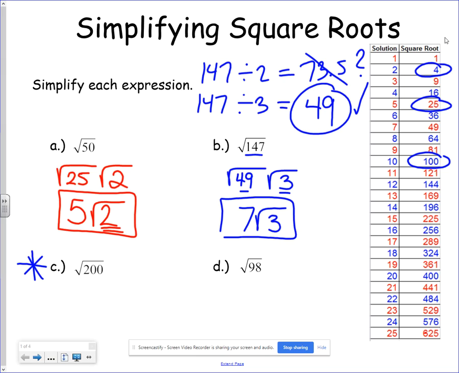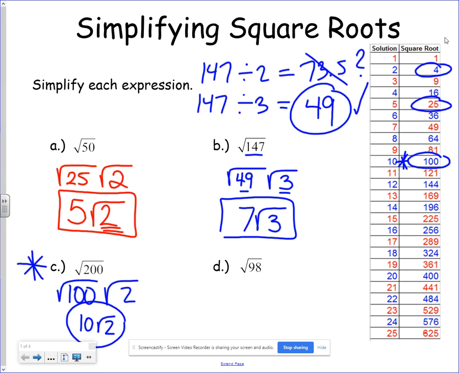So 200 has 3 perfect squares that divide into it. If it has more than one perfect square that goes into it, you always want to choose the biggest one. So I'm going to use 100. I'm going to break this down to the square root of 100 times the square root of 2. Square root of 100 is 10, so my answer is 10 radical 2, or 10 square root of 2.